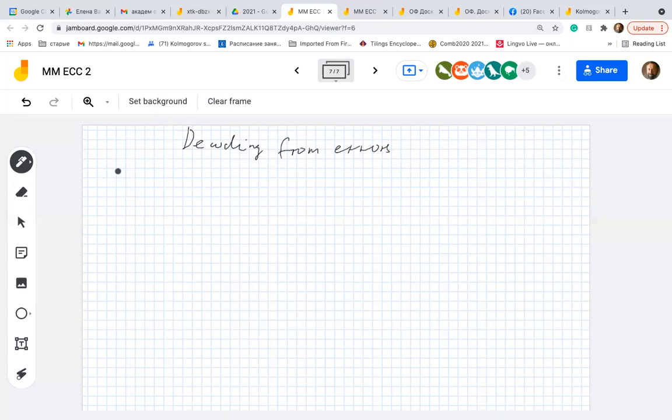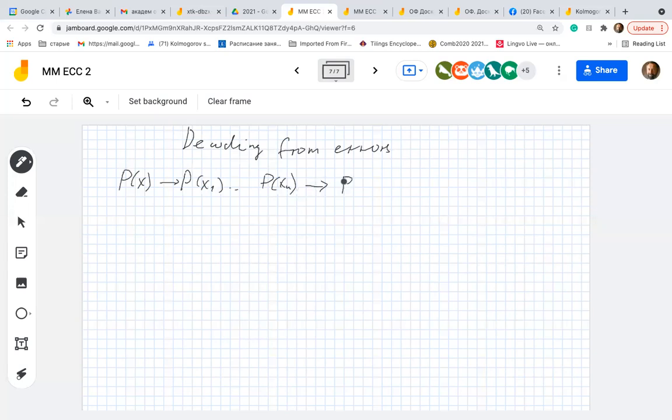So what do we know? We have some unknown polynomial P. We have evaluated it in some n points. But then some values were corrupted.